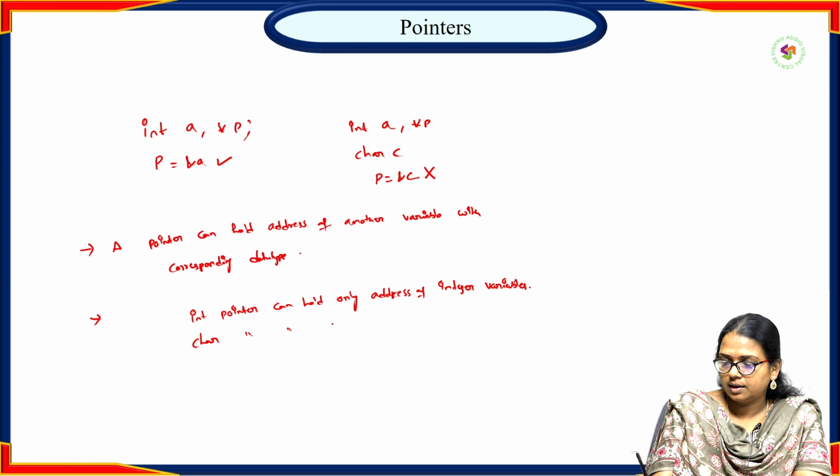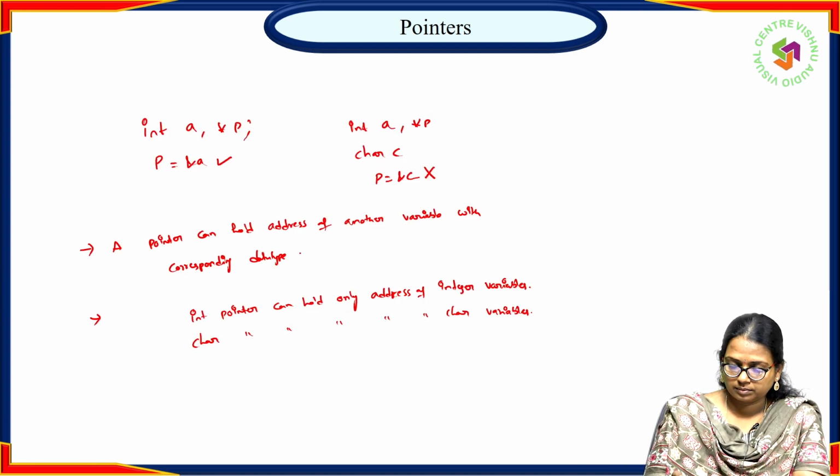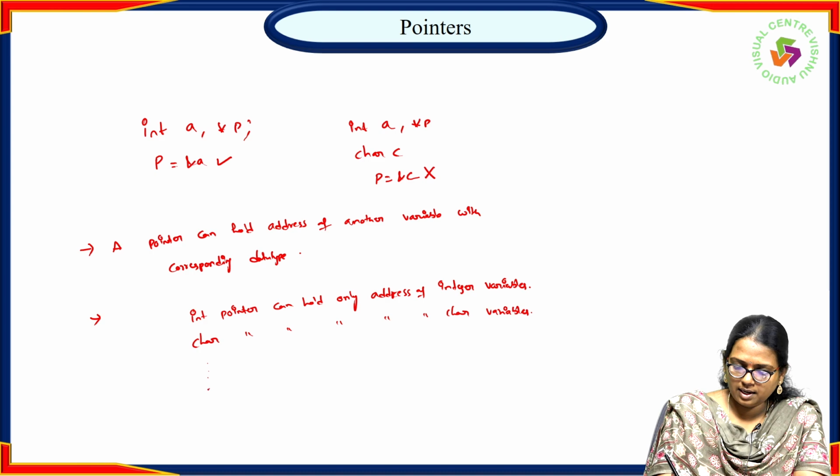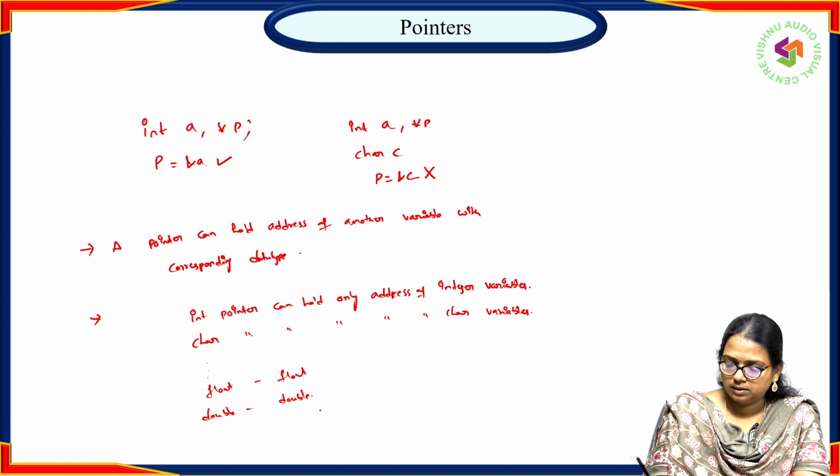A character pointer can hold the address of character variables. Similarly, float can hold only float, double can hold only double, like this.